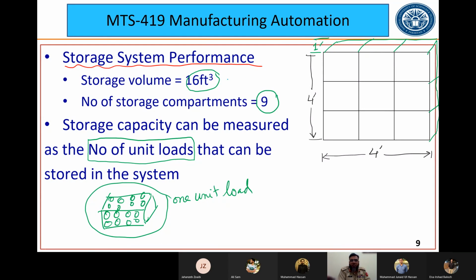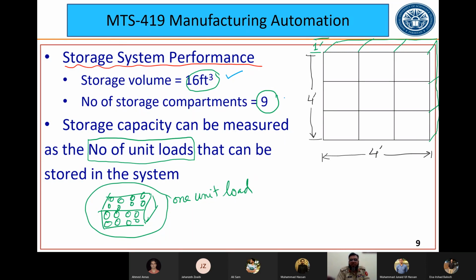So the storage volume we have is 16 cubic feet. So this is one measure of storage capacity or storage performance, storage capacity in terms of storage volume. So this is 16 cubic feet.